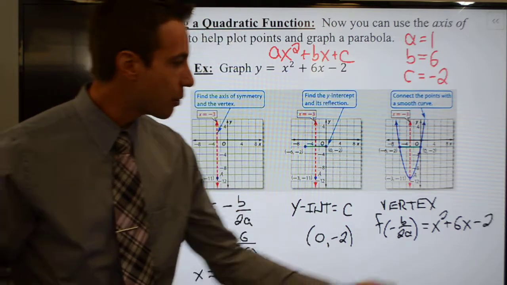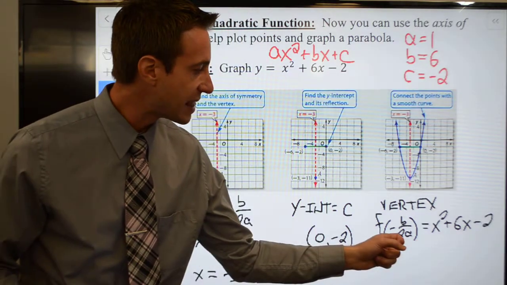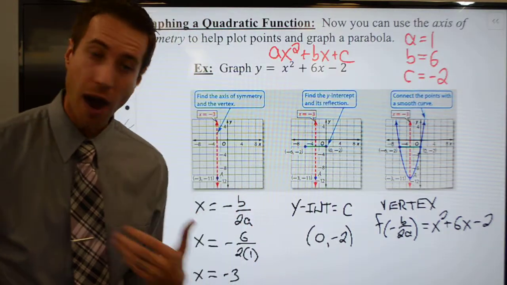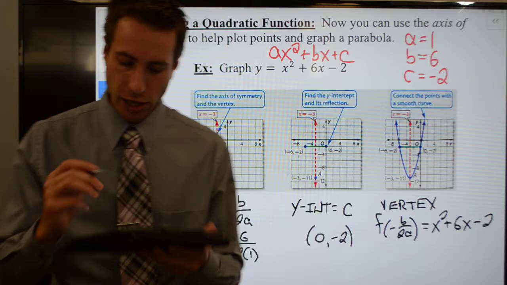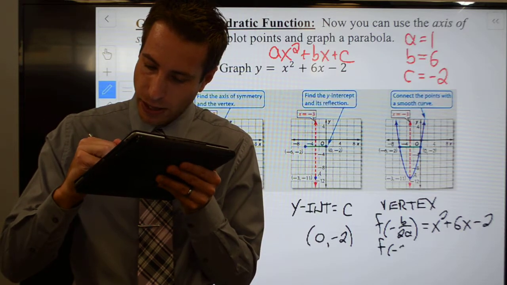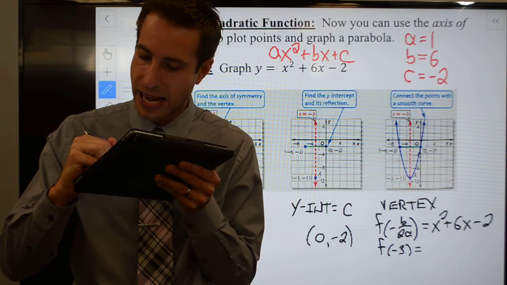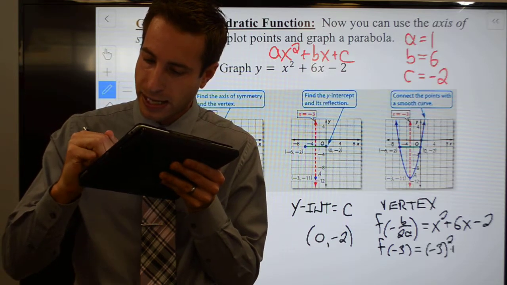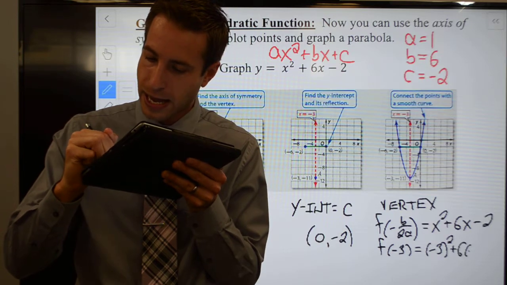Okay, so everywhere I have an x, I'll plug in that negative b over 2a, which again, for us, is a minus 3. So let's go ahead and do that. I'm going to do f of minus 3, which means I'm going to have a negative 3 squared plus 6 times a negative 3 minus 2.